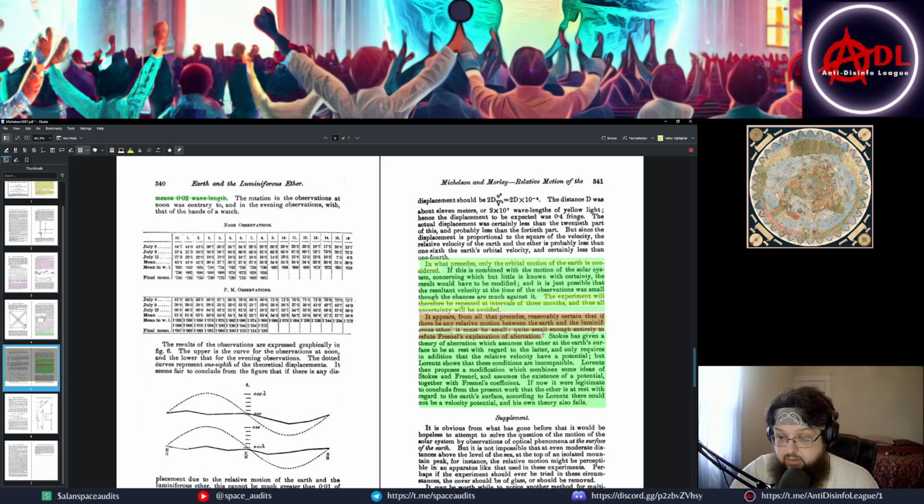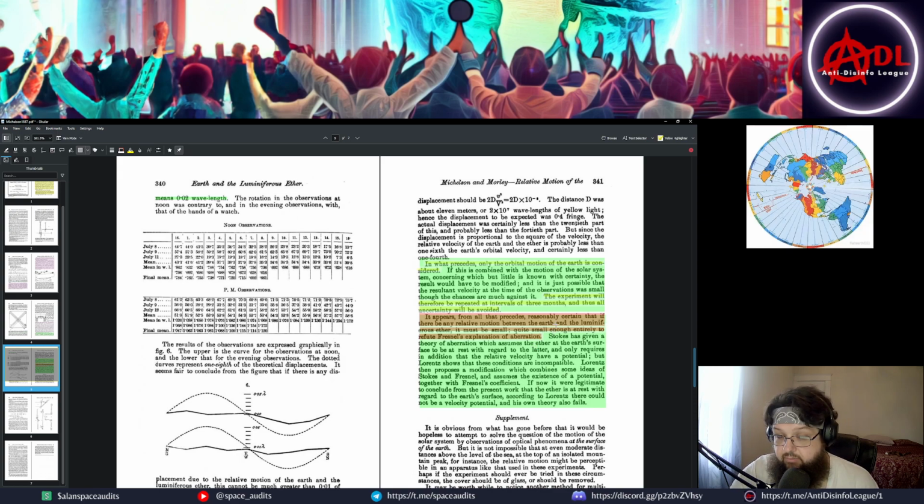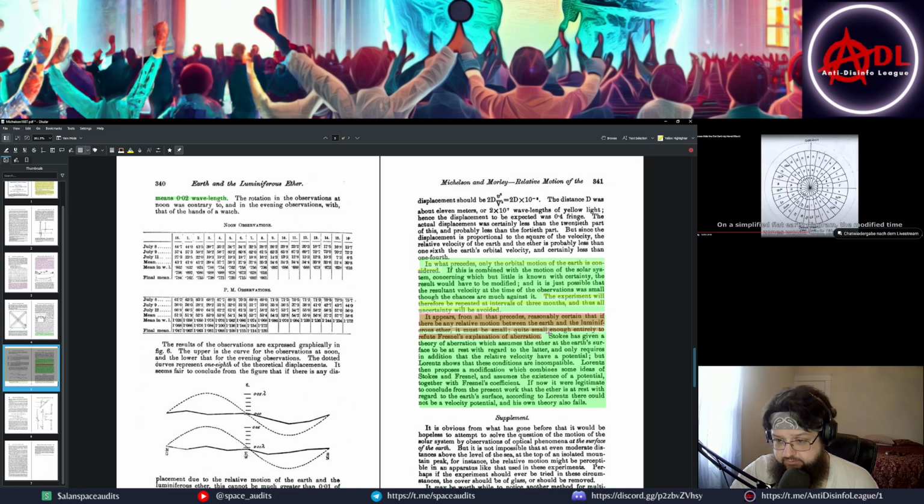So that could be a big reason as to why they were not getting more unified theories. So their fundamental baseline of the structure that they were building on was off.